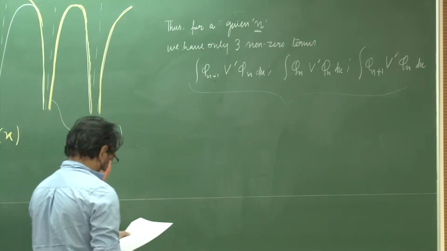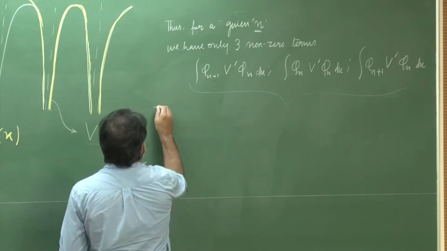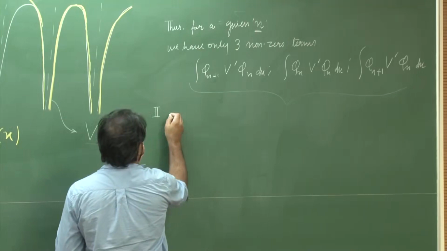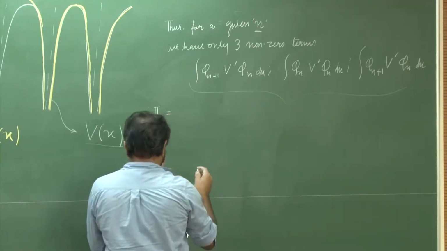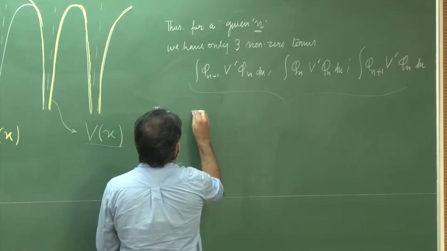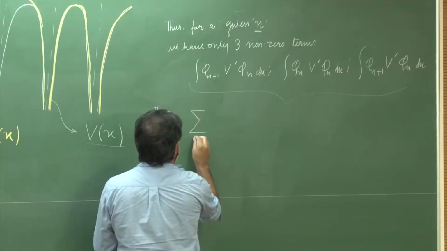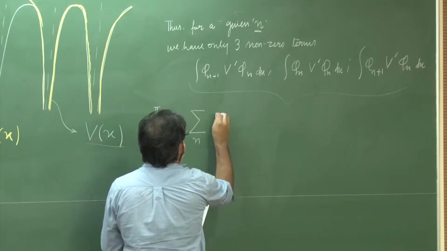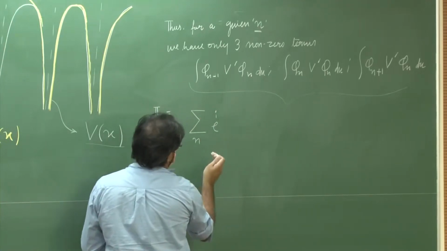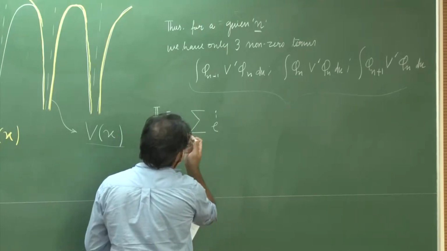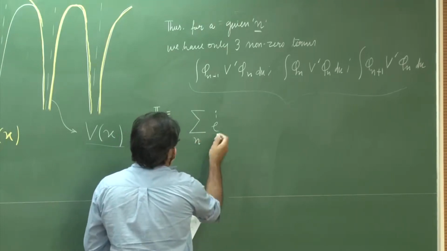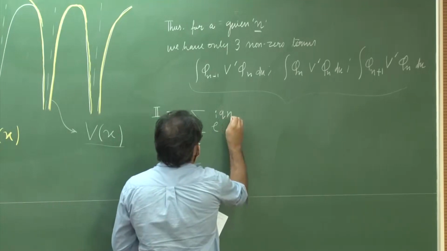So therefore, I can write the second piece of my integration as summation over n, exponential i. If you don't like me writing n here, you may object. No, why would you object to it? If you will, then I will change it.